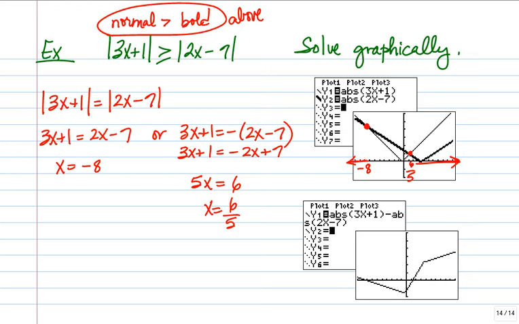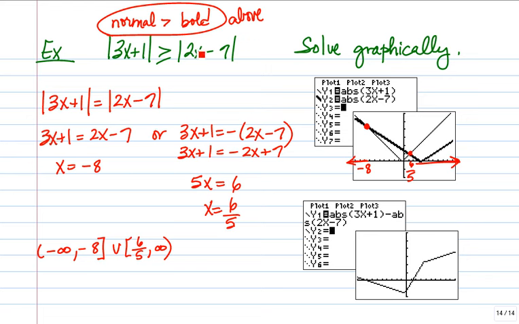So my solution would be from negative infinity to negative 8. Now I can use a bracket because I can include where it's equal to that. Union, bracket at 6/5 to infinity. Now you could also do the x-intercept or 0 method.